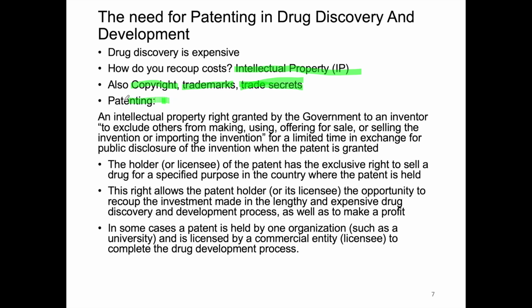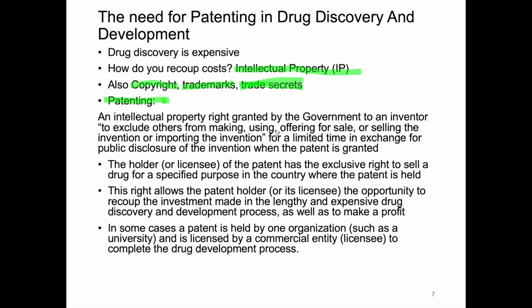The most important commercial intellectual property are patents. And so patents are an agreement between the inventor and the government. It is a document that provides you as the inventor the right to exclude others from making, using, offering for sale, or selling the invention or importing the invention.